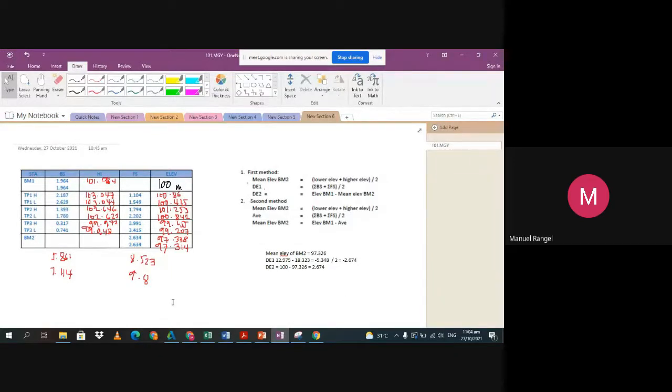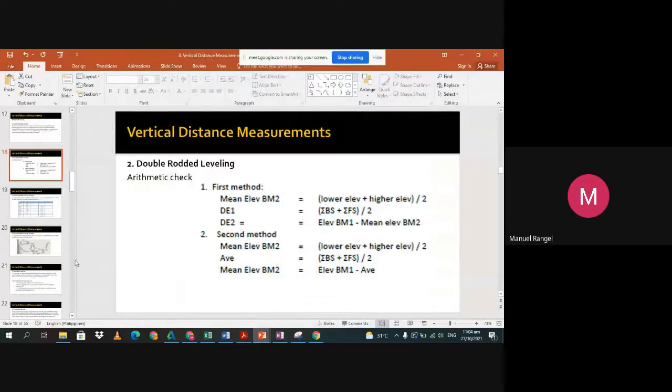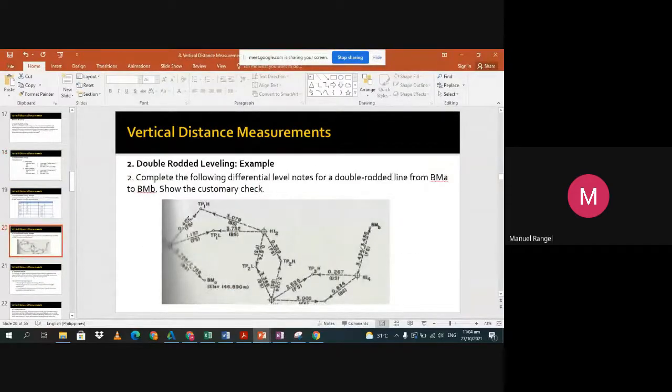Okay, so any more questions? So another assignment, dungag sa isa ganina is kini na problem. Compute the following differential level notes for a double-rodded line from BMA to BMB. Show the customary check. So, given diri ang iyang elevation, okay, klaro lang na ako ni sa problem sa canvas, no?